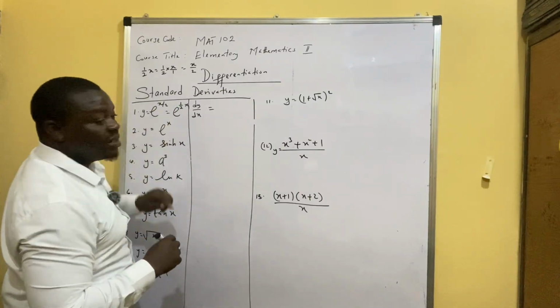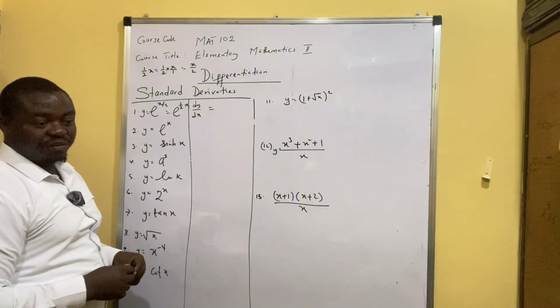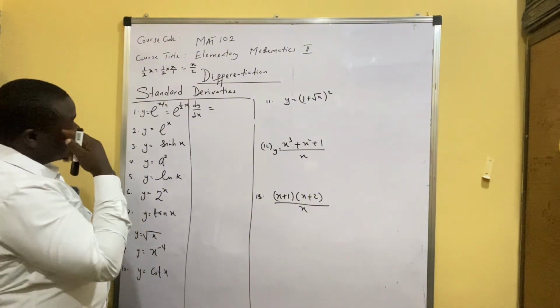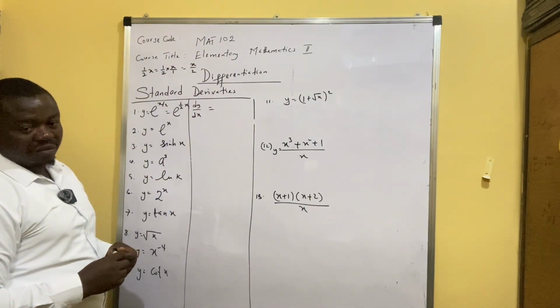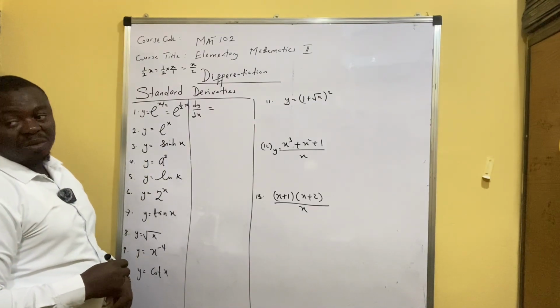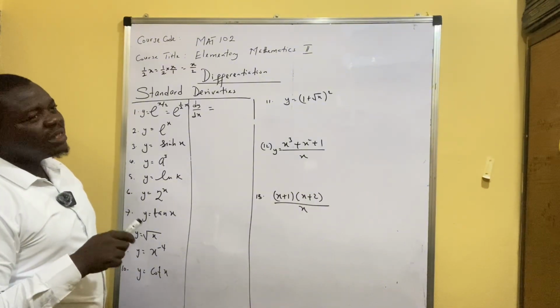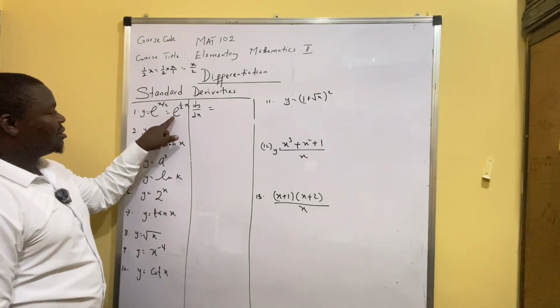Now look for one of the standard derivatives that exponential 1 over 2 x looks like. Among the standard derivatives that we have written, which one does it look like? So what do we have there? E raised power. No, check very well.